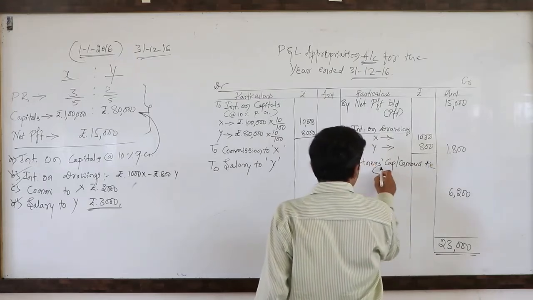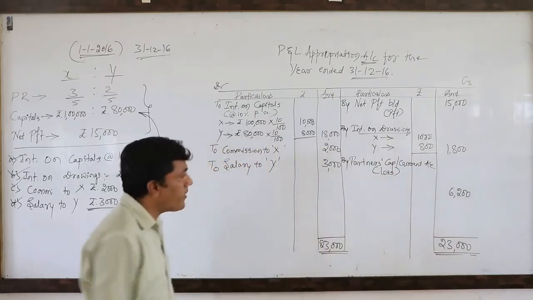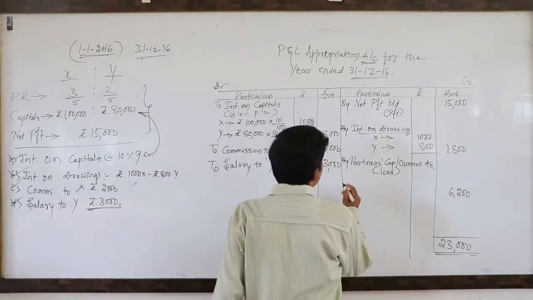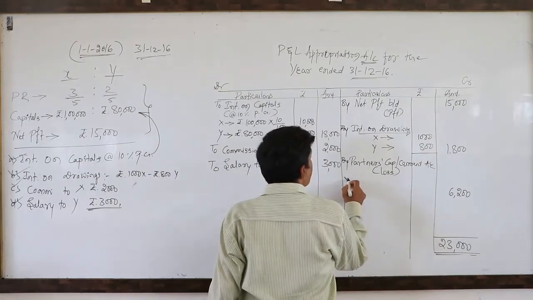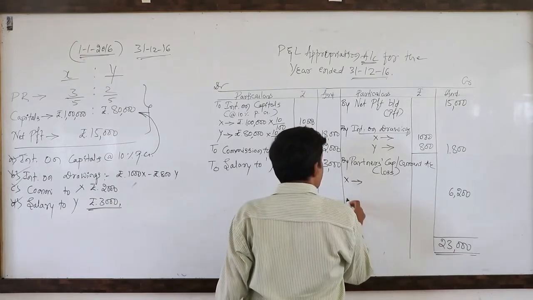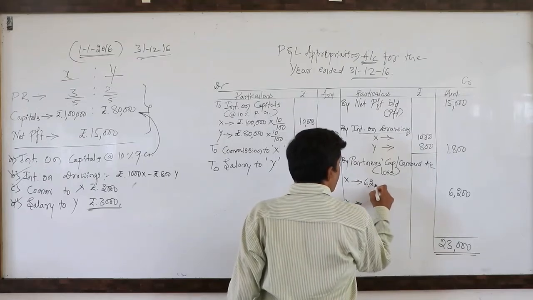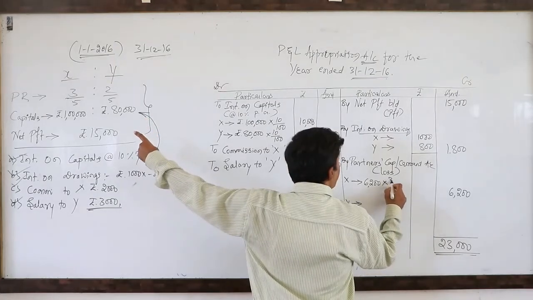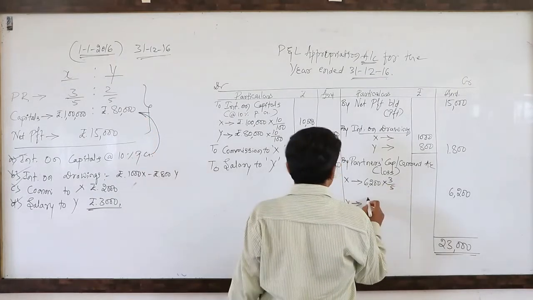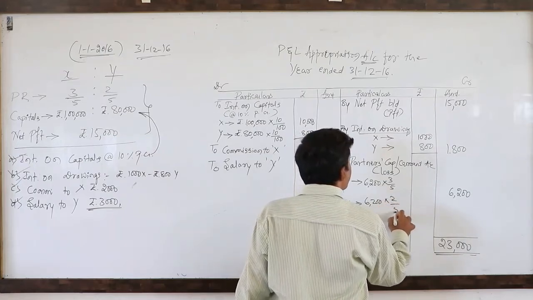Dear students, loss transferred. This is appropriated loss. So how to distribute this loss among X and Y? Of rupees 6,200 into, look at the ratio, 3 by 5, and 6,200 into 2 by 5.